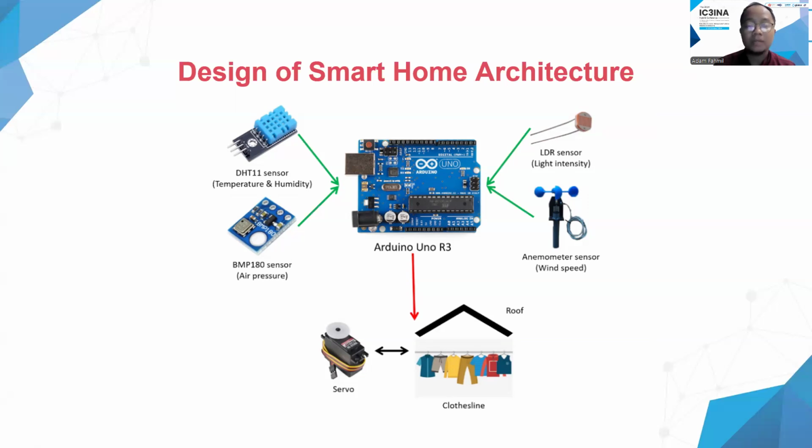And we call it the brain. We use the Arduino Uno R3, and this mini servo connects to Arduino Uno to move the clothesline. After we got the result from the Arduino, it moves the clothesline using the mini servo.